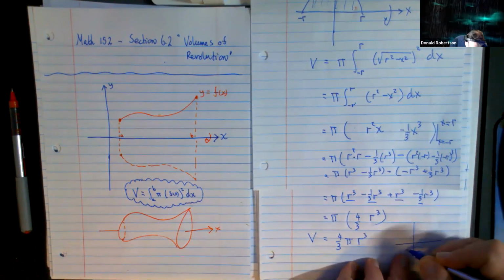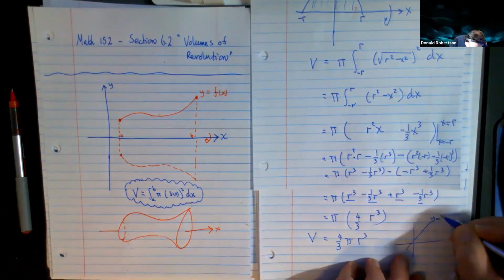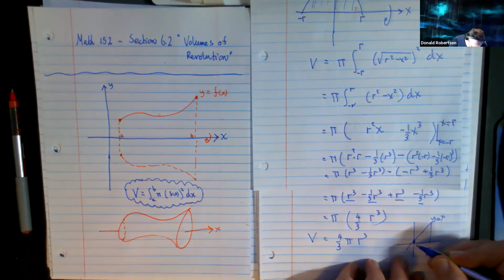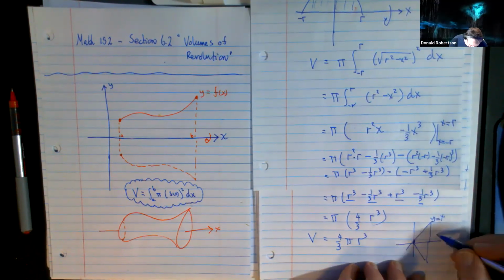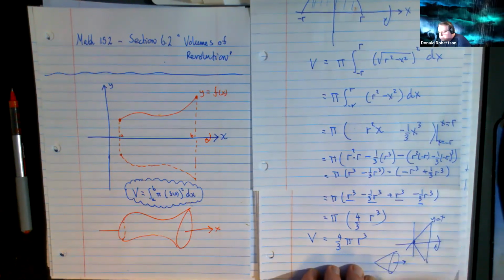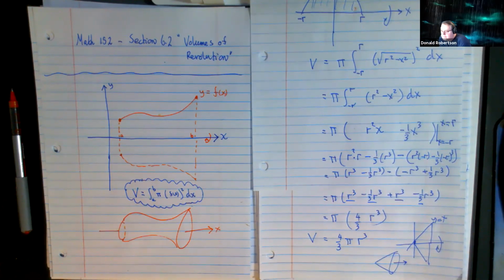What do you get if you take a straight line like y equals x, start it here, say finish here? If you rotate it about the x-axis, don't you get a cone? So we could find the volume of any cone in the world.